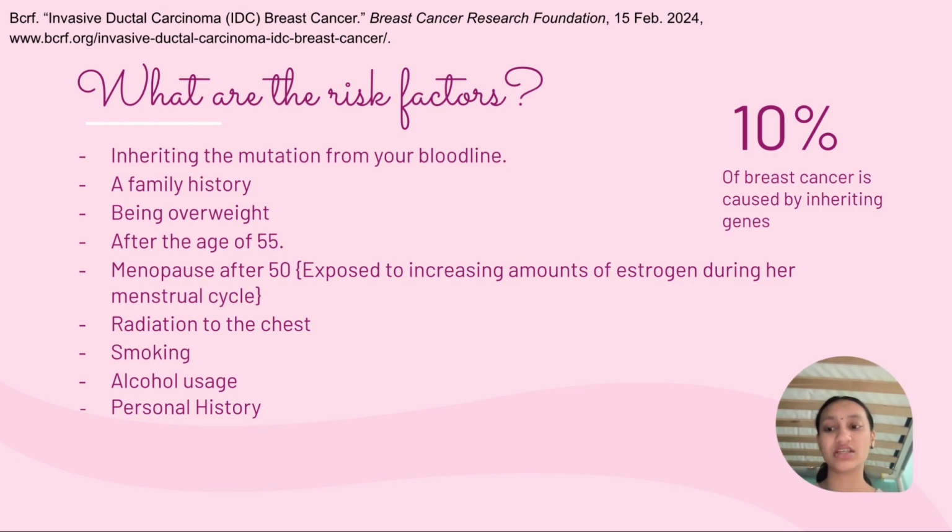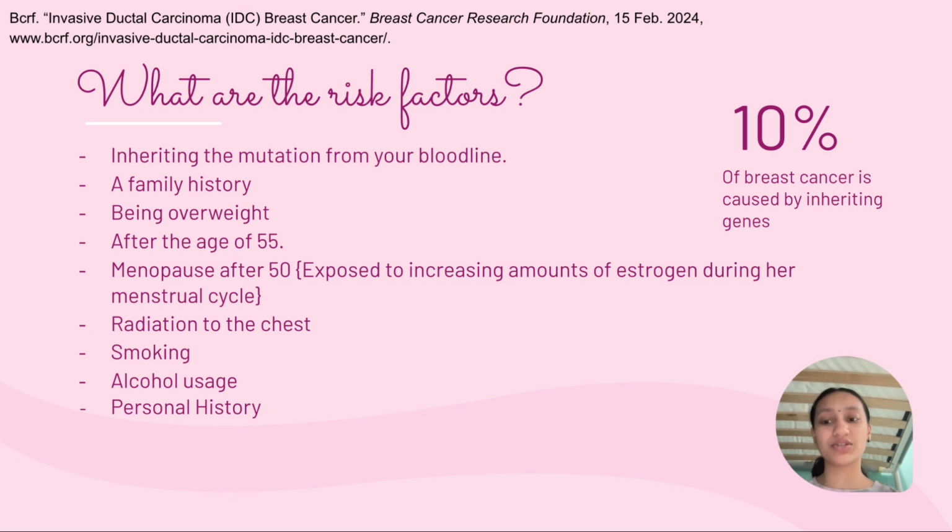Radiation to the chest, as well as smoking, is considered a major risk factor, as smoking may lead to DNA methylation, which causes changes in your DNA, which leads to a mutation, which is one of the ways that cancer happens. DNA methylation can lead to changes because when a methyl group is added to a specific region of DNA, it can affect the way genes are turned on or off. This impacts the production of proteins and other molecules in your body.